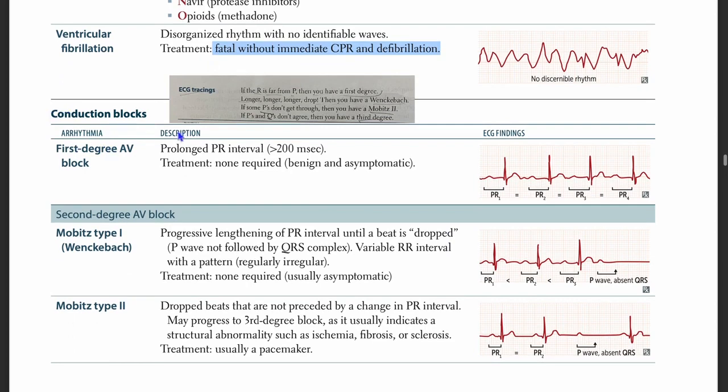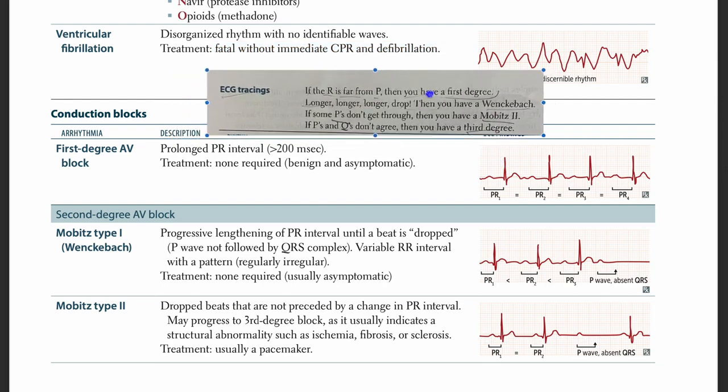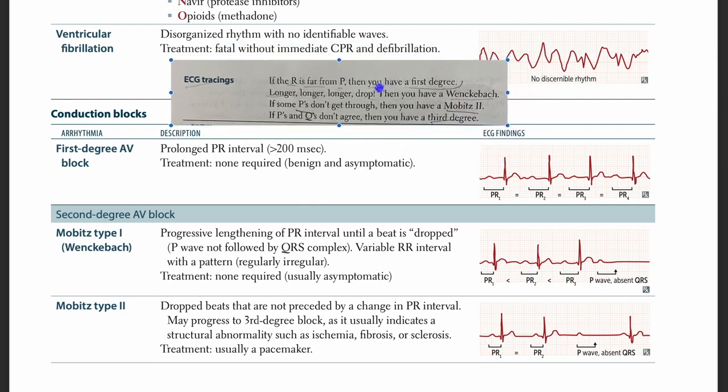Conduction blocks. So for conduction blocks, in the old book they had this mnemonic that you could have used. So if the R is far from P, then you have a first degree, right? So first degree AV block, that's prolonged PR interval. So this is the PR, right? The start of P wave and the R, I guess.